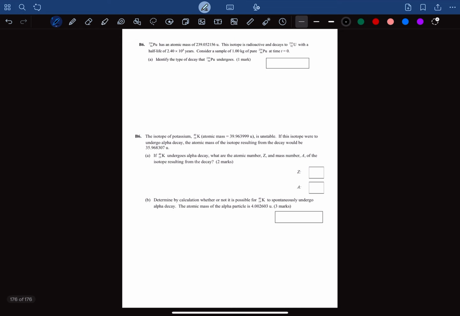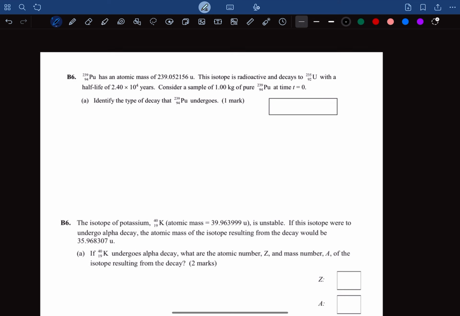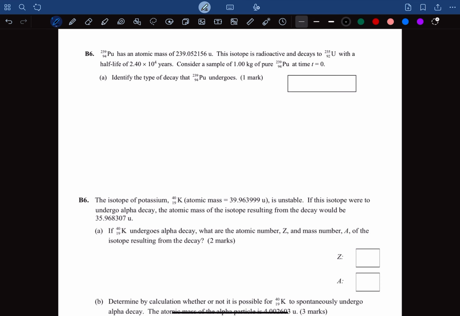So these are some questions. Let's start with the first one. This isotope, plutonium-94, has an atomic mass of 239.0521556 u.